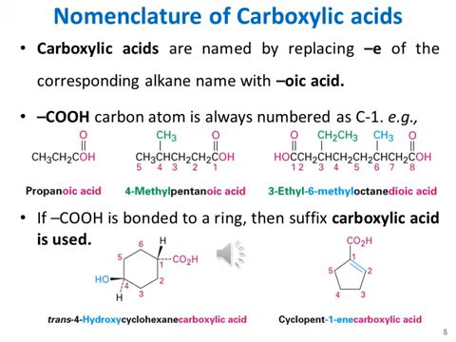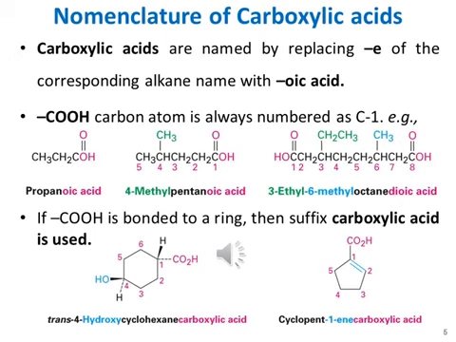So you may see that in the case of a cyclic carboxylic acid, if the carboxylic functional group is attached to a cyclic hydrocarbon, then we use the words carboxylic acid. Here I am not going into the detail of the nomenclature of carboxylic acids, which indeed is not the scope of this lecture.